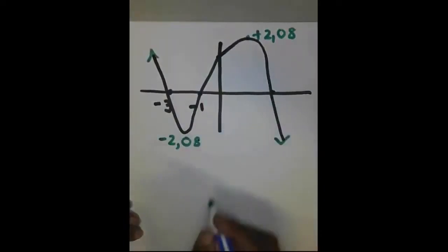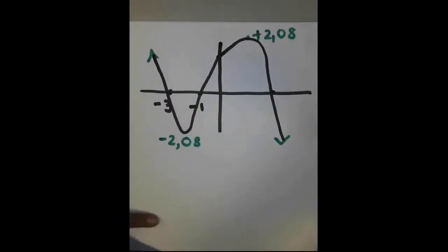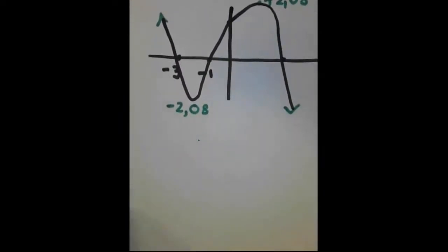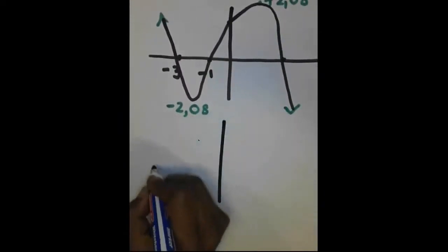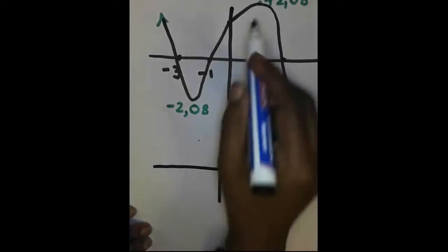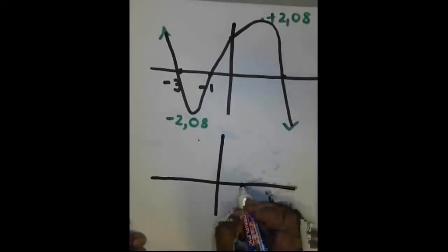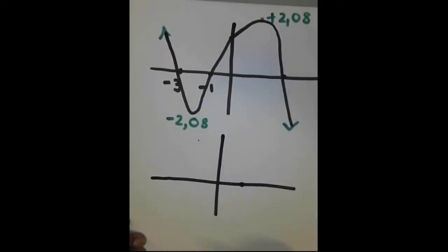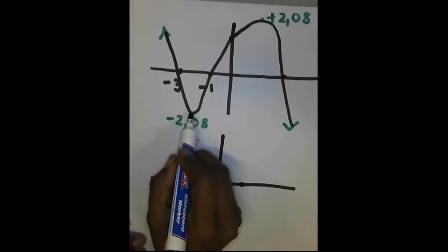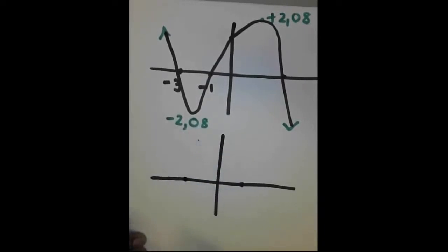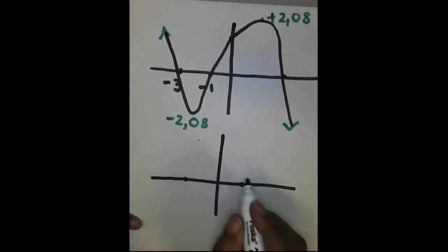Now, all I need you to do is to listen very carefully. So now, ladies and gentlemen, the turning point of this graph becomes the x-intercept of my graph here, and this turning point becomes the x-intercept here. Where do I get it from? Because I've had to factorize this equation.